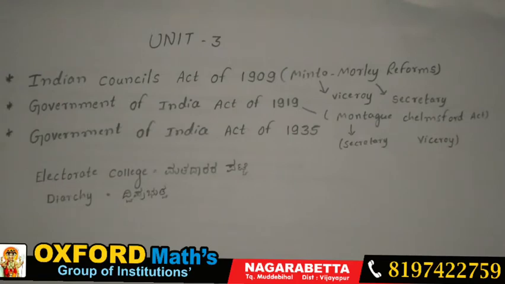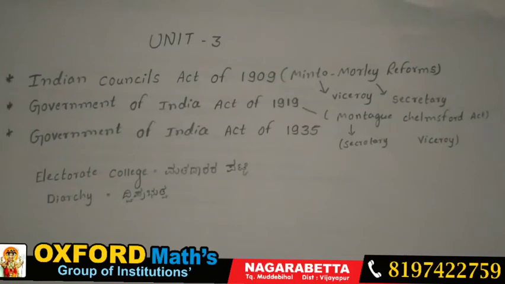It helped in the gradual formation of Indian representation, either in the central or in the regional legislature. This act was implemented by the British Parliament in 1919.